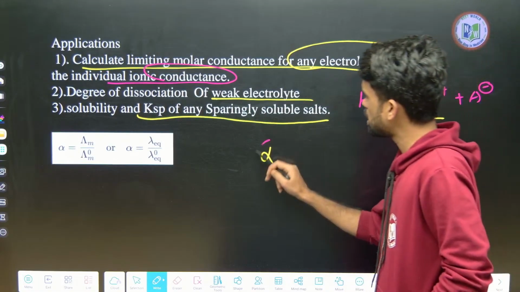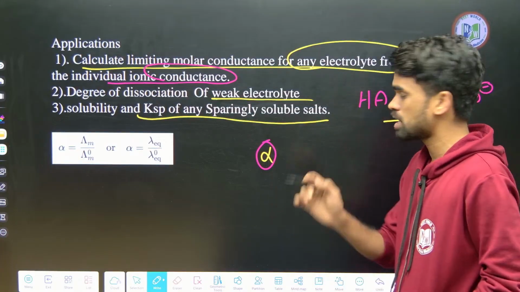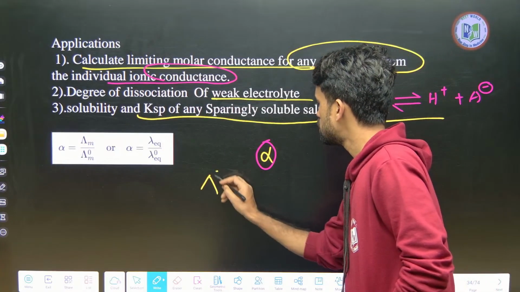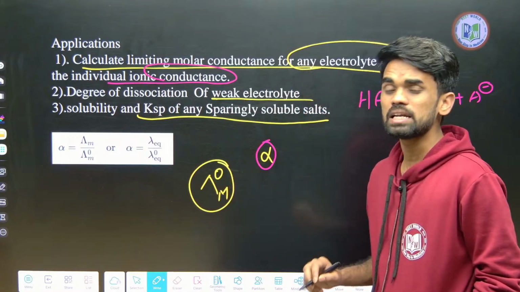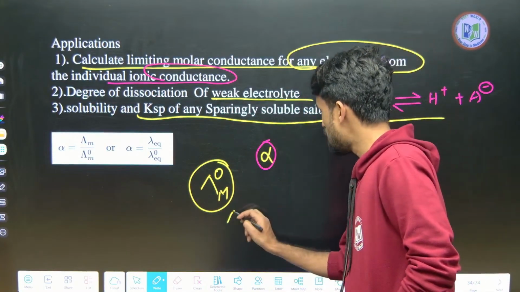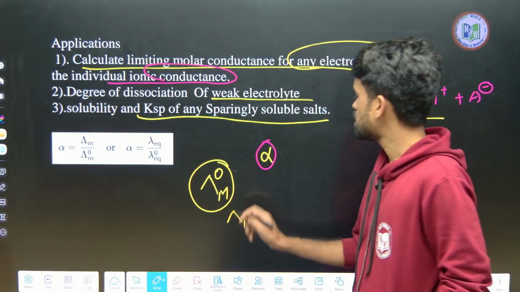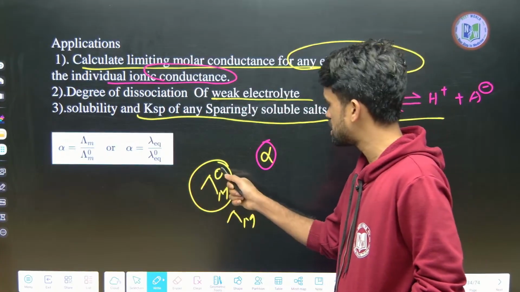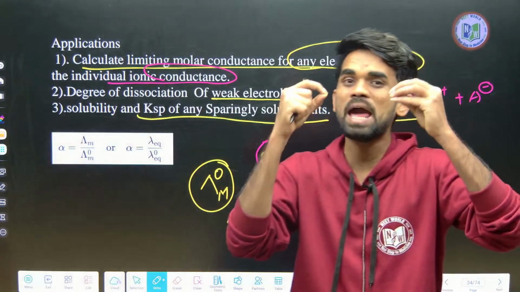So from the degree of dissociation and looking at the ionic conductivity values, for example, del naught M is the molar conductance at infinite dilution and del M is the molar conductance at some concentration M. Infinite dilution means zero concentration, where we know there will be maximum conductivity.